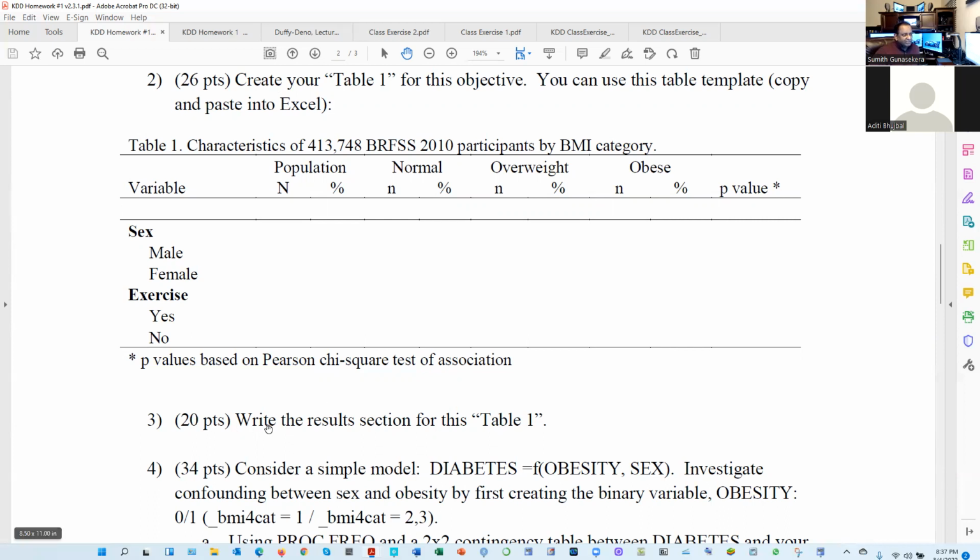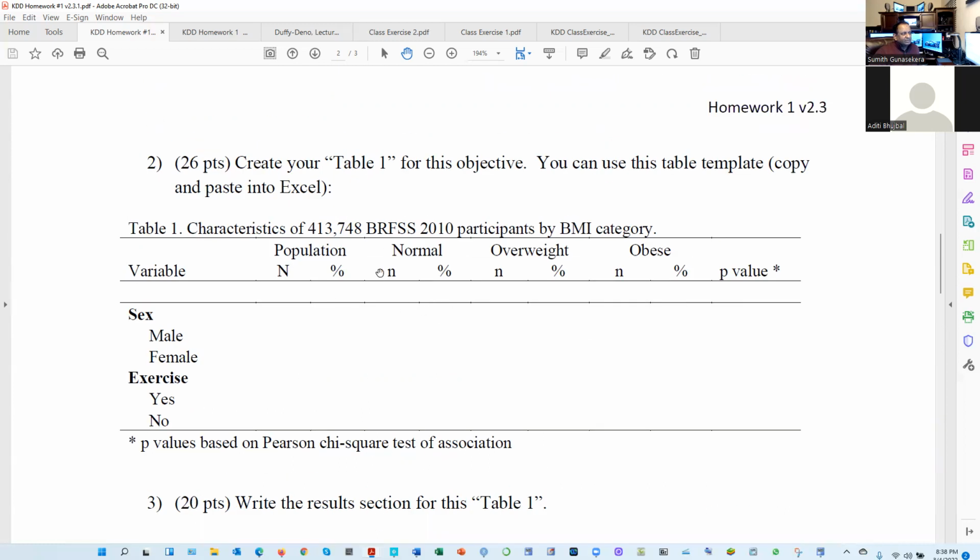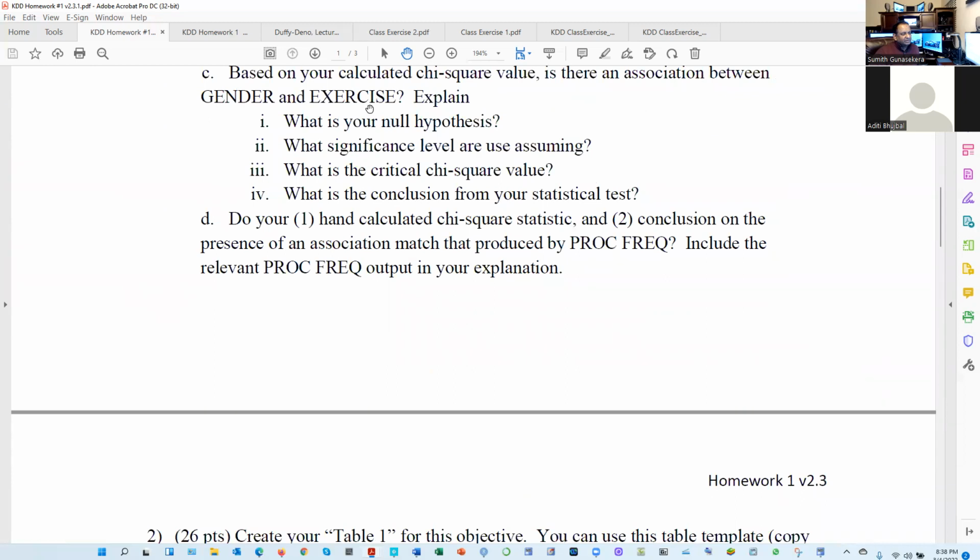Write the results section for this table. That means they were pretty much expecting you to put the results based on the numbers that we got from here.